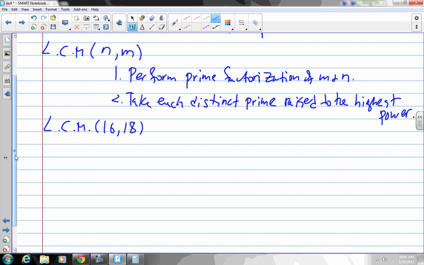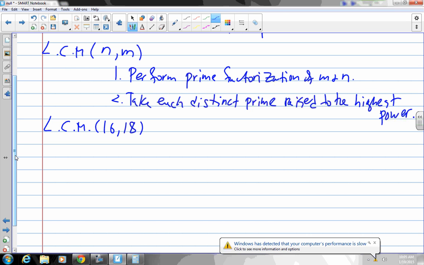That's really what's happening. Now, it's hard to just see the LCD or the LCM for 16 and 18. So we can follow these steps. Now, the prime factorization of each one of these numbers, 16 is 2 to the power 4, right? That's the prime of that. Now, 18 is 2 times 3 squared. 18 is 2 times 9, 9 is 3 squared. So that's prime factorization of both of these numbers.